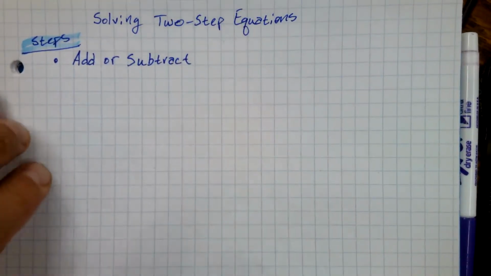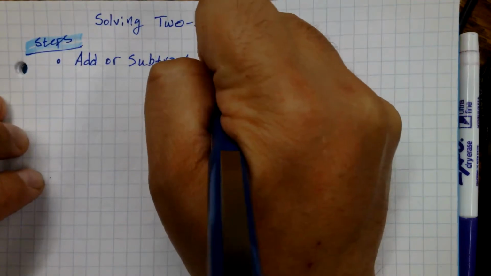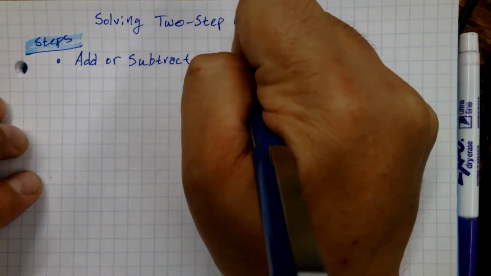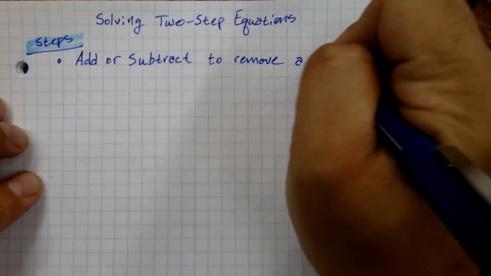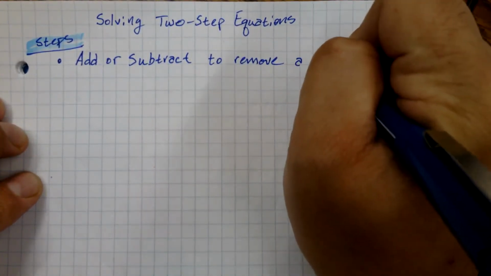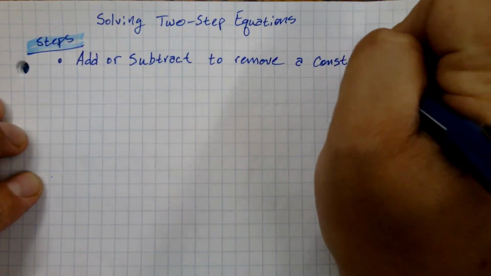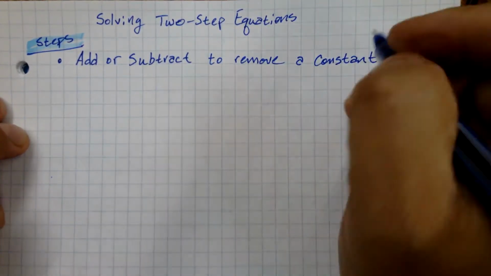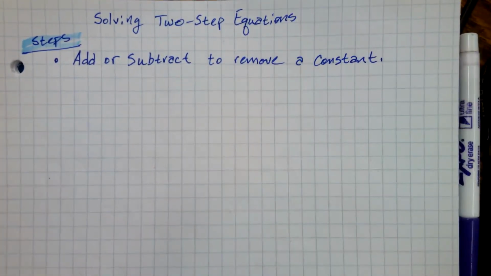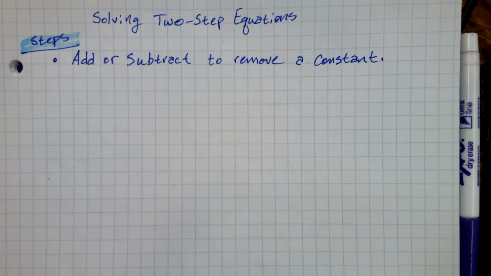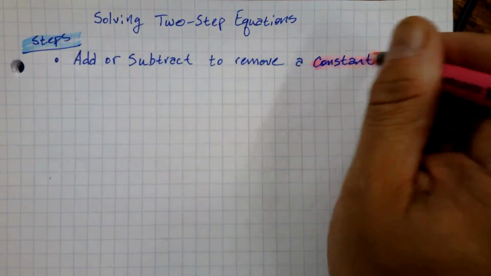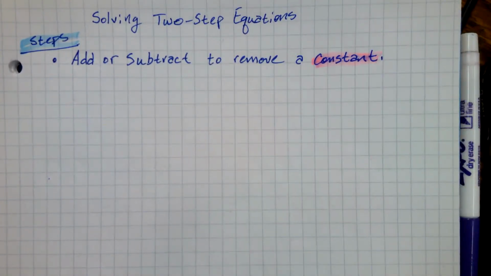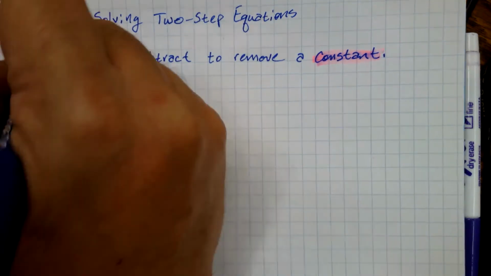Add or subtract to remove a constant. That's the key word, because we're going to have to identify what's our constant in the equation. Okay? That's step 1.